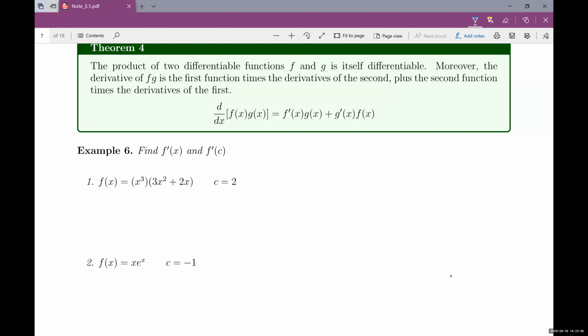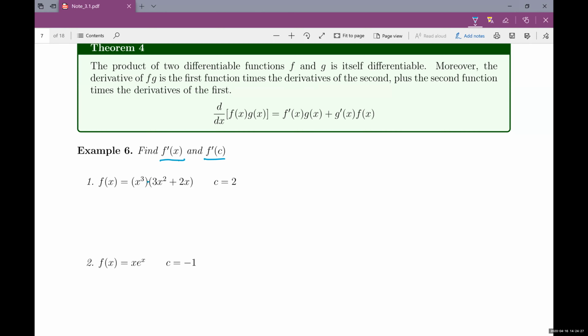Let's look at example number 6 here. Given the function f of x, you want to find first the derivative of f of x, and second, you want to find the derivative of f of x at the point c, and f prime of c. This function is a product of two functions, right? x cubed and 3x squared plus 2x.